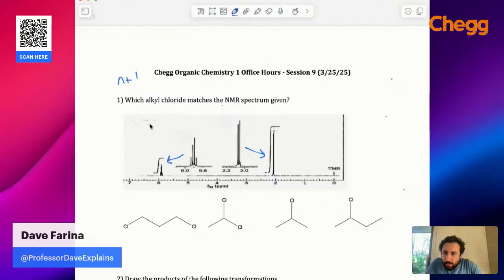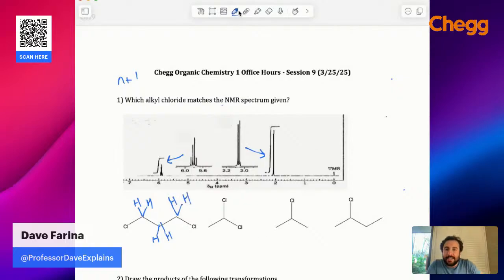So we want to understand which alkyl chloride matches this NMR spectrum. What we can do is show all of the protons on these compounds, and make predictions about what kind of spectrum we ought to see. For example, here we've got 2 implied hydrogens here, and 2 implied hydrogens here.